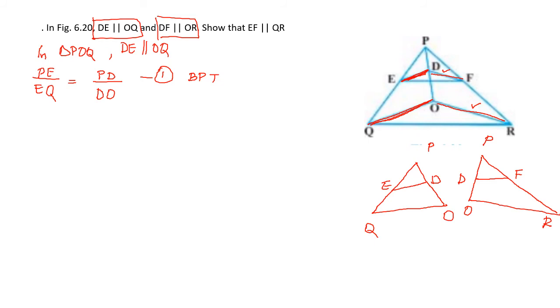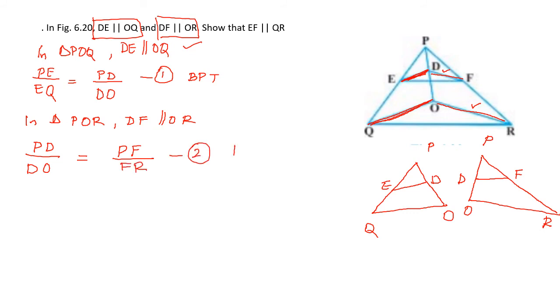Now which is the triangle I am taking? In triangle POR, given DF is parallel to OR. That is given in the question. If DF is parallel to OR, then what can you write? Then you can write PD by DO is equal to PF by FR. That is the second equation by BPT.